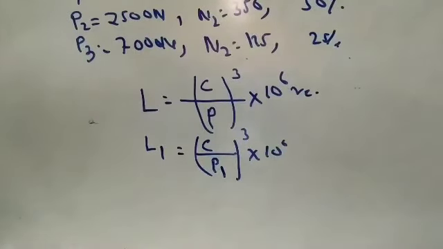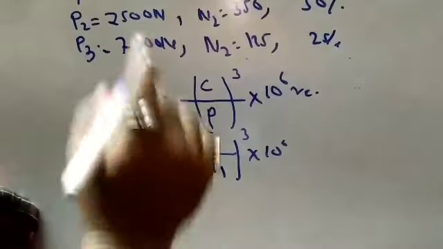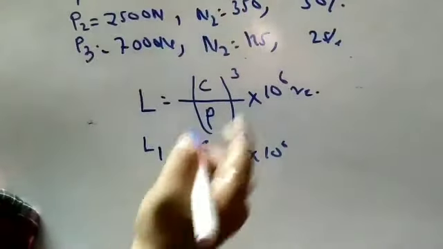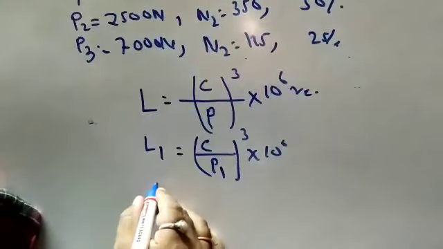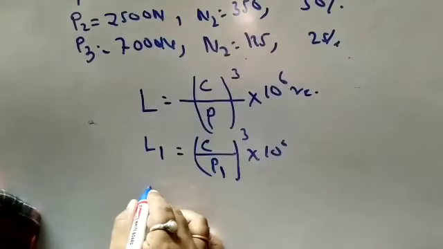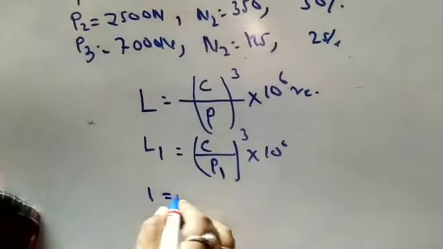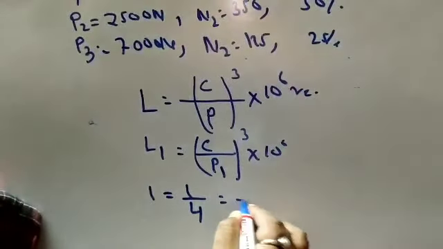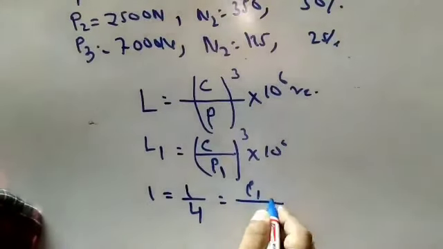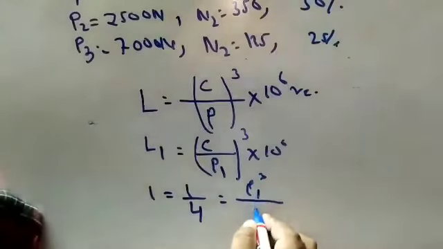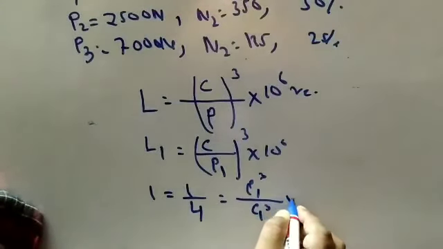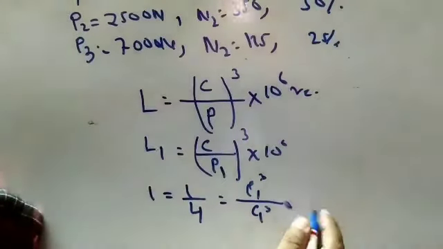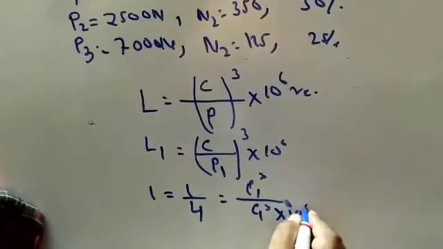But if we want to find the life consumed in one revolution, or one cycle, it is given by 1/L1, which equals P1^3 / C^3 × 10^-6.